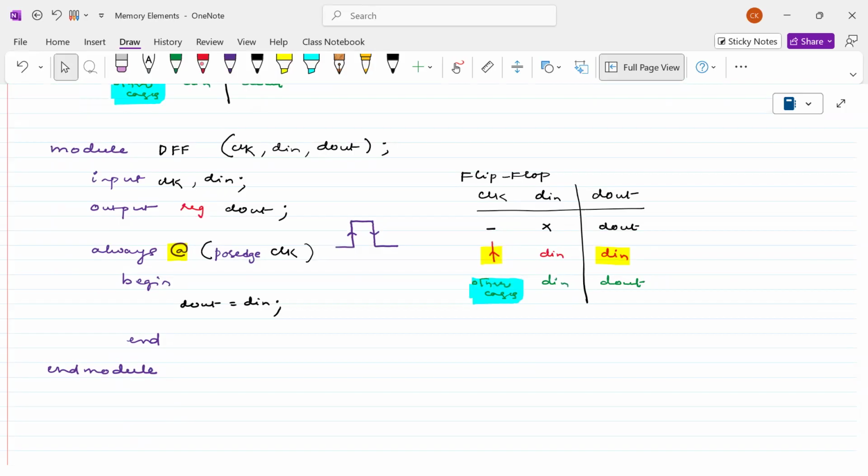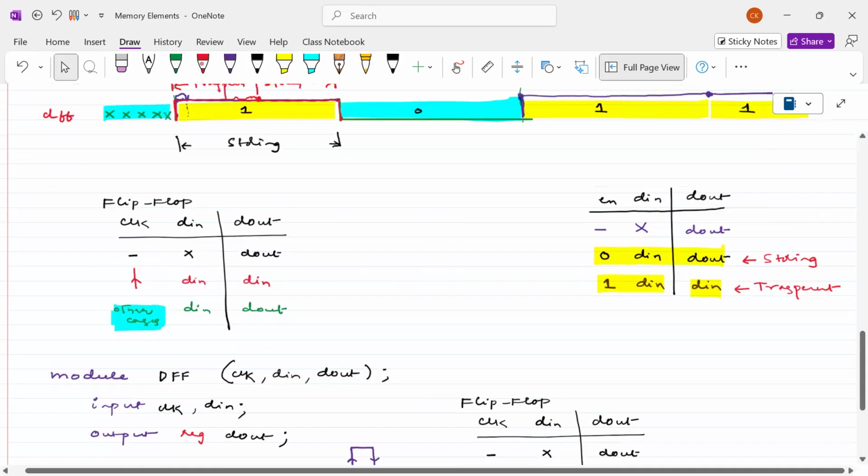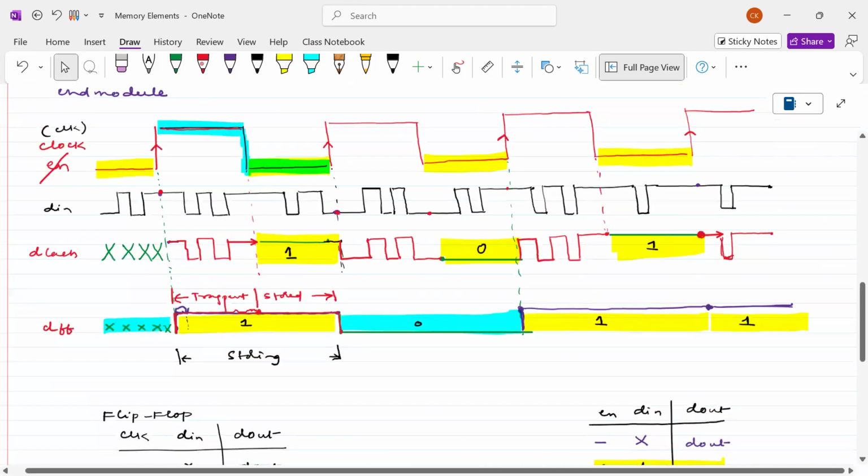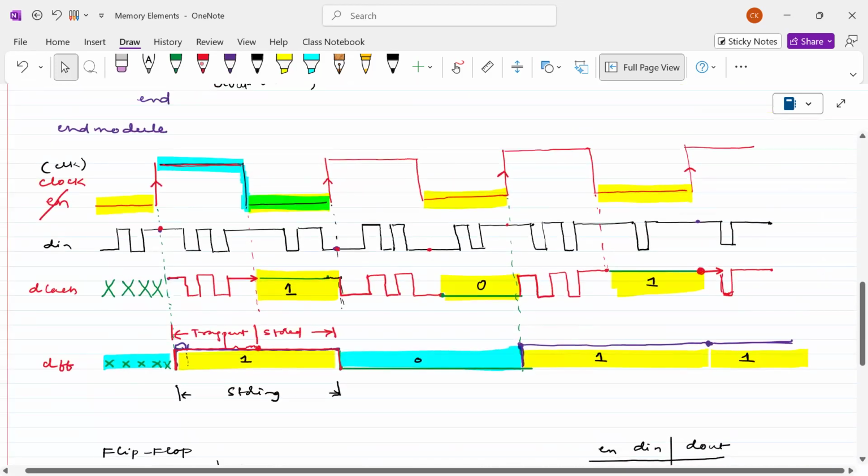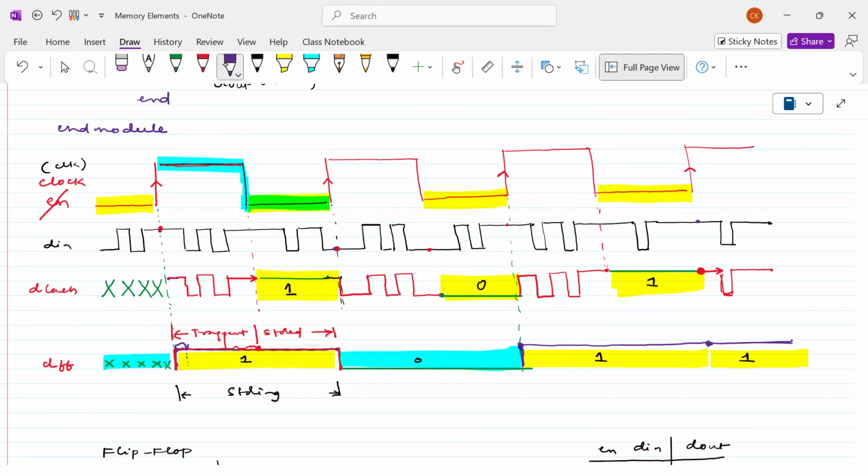Now let us go and write the test bench for it. What is the test bench case that we have written? Let me quickly write the test bench as well. This is 0. This is 5 nano, 10, 15, 20, 25, 30, 35.